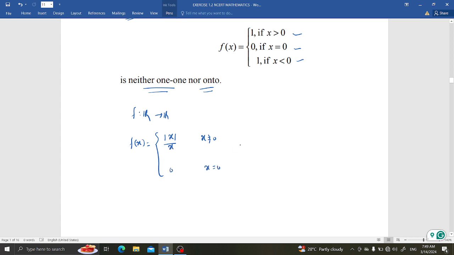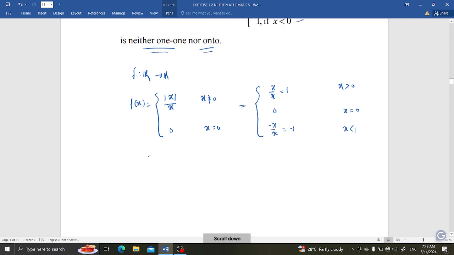Further, if we define it using the modulus, if x is greater than 0, then it will give x upon x, which is 1. If x equals 0, it will provide 0, and if x is less than 0, minus x upon x will provide minus 1.